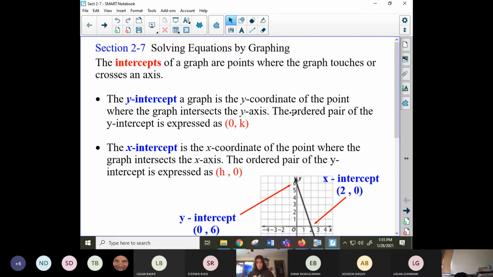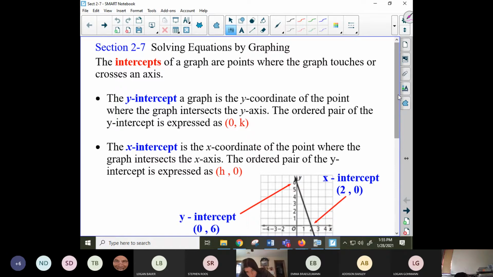Today we are going to learn graphing and how to find x-intercepts on a graph, how to find them algebraically, and then how to graph lines and see where they intersect the x-axis. So we're going to be graphing lines and finding the intercepts today.